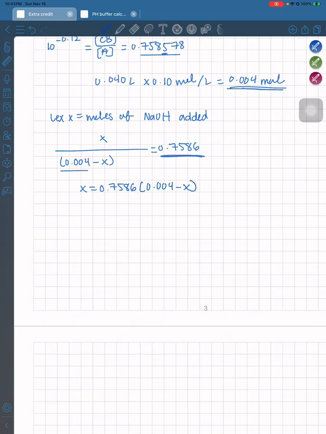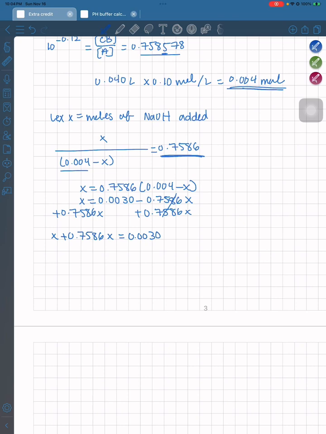We are going to distribute in 0.0030 minus 0.7586x. We add this to both sides. This crosses out and we will have x plus 0.7586x equal to 0.0030.